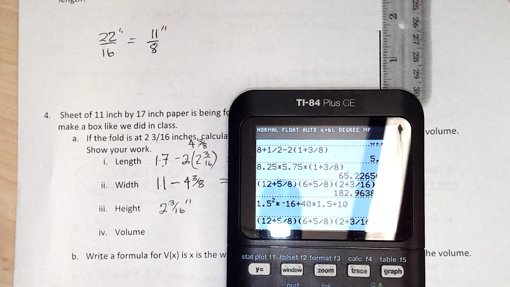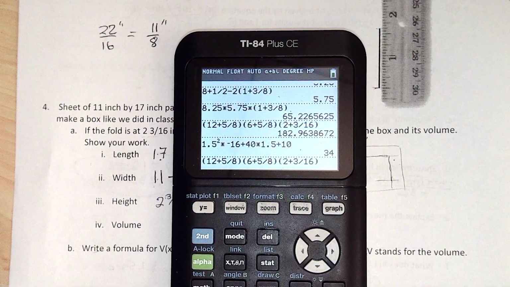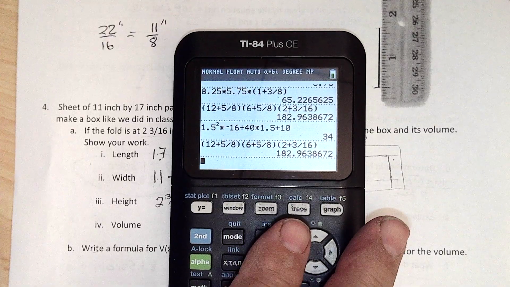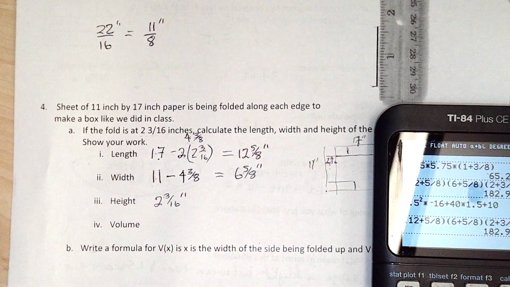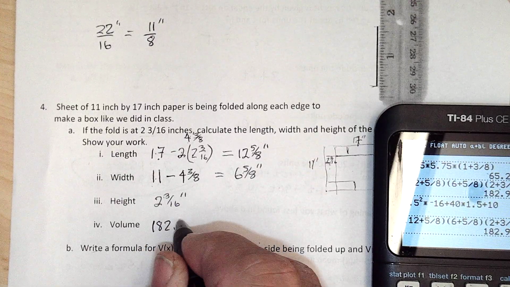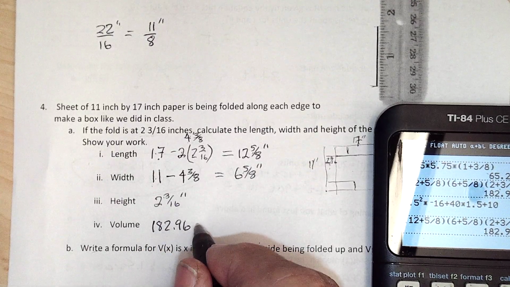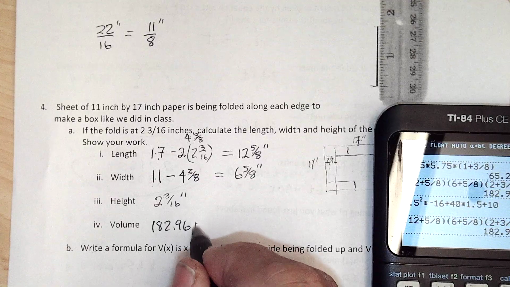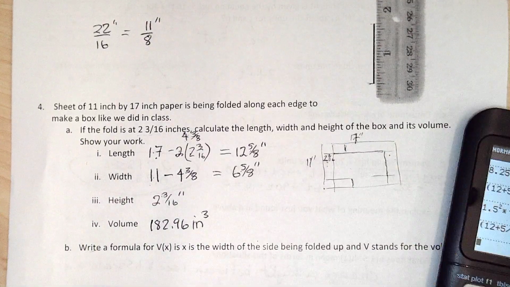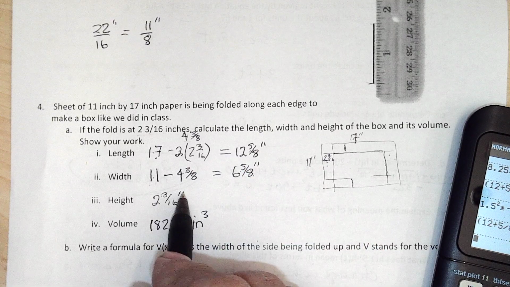That's how you enter mixed fractions. Okay? And we get 182.96 inches cubed, or cubic inches, because we took inches times inches times inches.